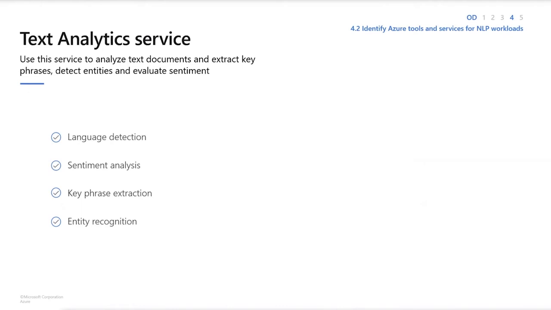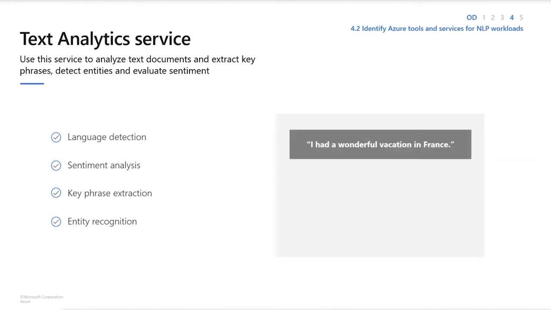All right. So what we have here is with language detection, first what it's going to do is identify what language that text was written in. So first we have, I have a wonderful vacation. It's recognizing that's in English. Then with sentiment analysis, it's going to evaluate the text and return that sentiment score and the labels for each sentence.